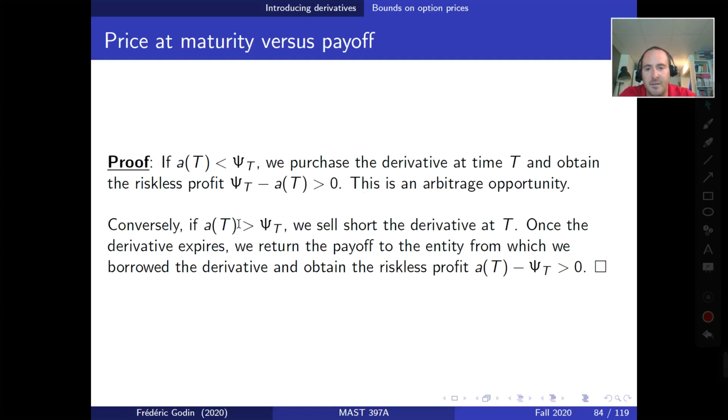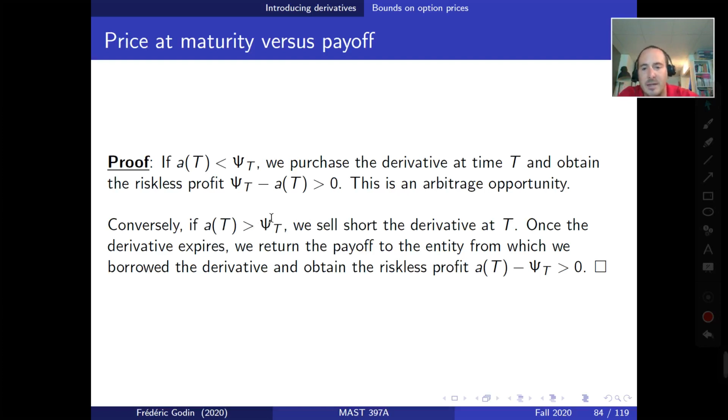Conversely, if A_T is greater than psi_T, so if your price at maturity is greater than your payoff, then you can sell short the derivative at time T. By doing that, you would receive its price, but because you're selling it short, the option is going to expire and you'll have to return the payoff to the person from whom you've borrowed the option.